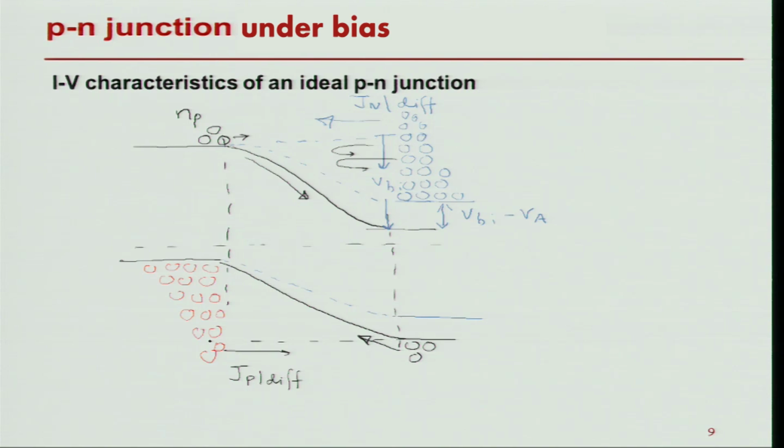So, in terms of the current picture, what is changing is that I have an additional diffusion current which is giving rise to whatever current I am going to calculate. Now, in this calculation we make certain assumptions to keep the solution simple, and that is a low injection region.